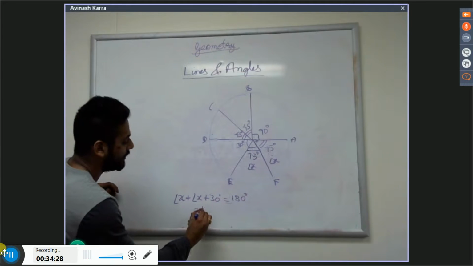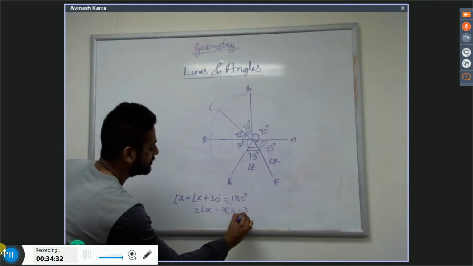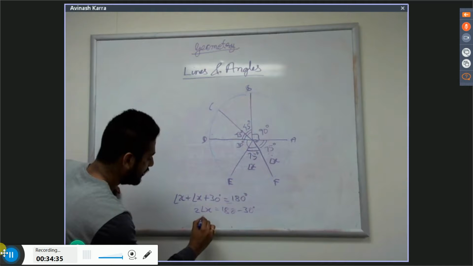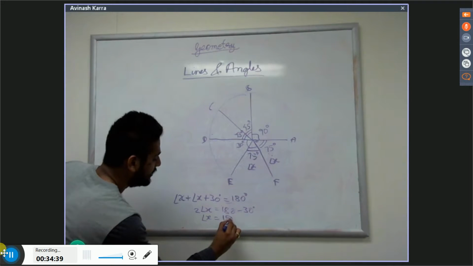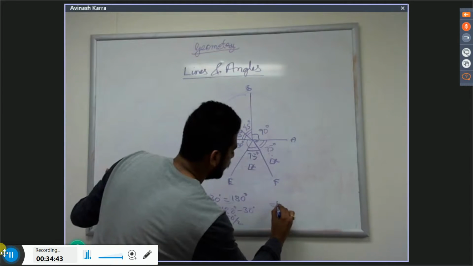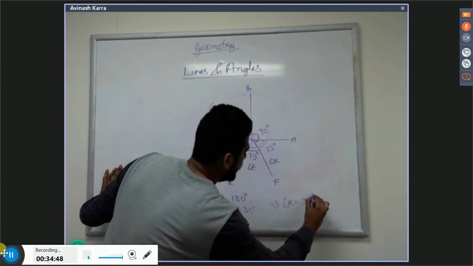So 2 angle x is equal to 180 minus 30. Angle x is equal to 150 degrees divided by 2. So angle x is equal to 75 degrees.